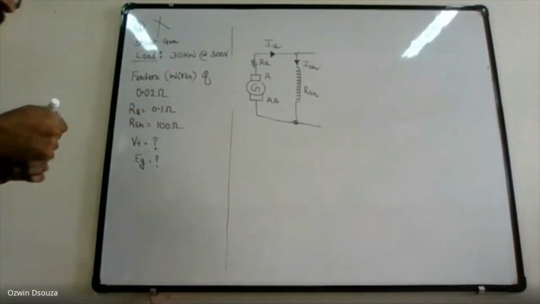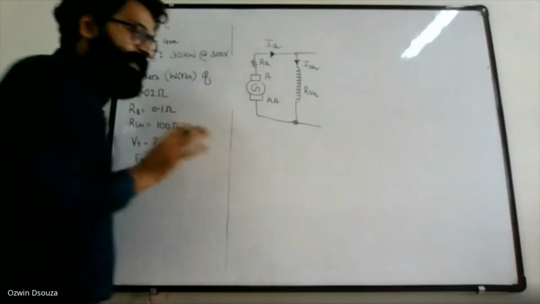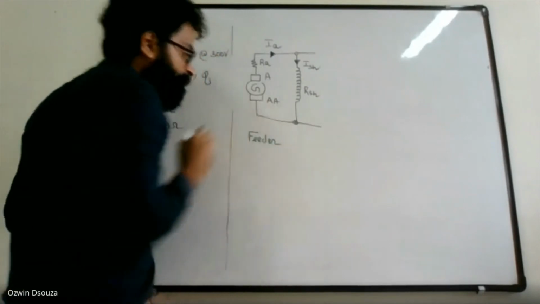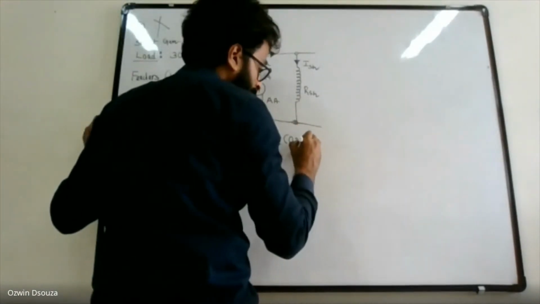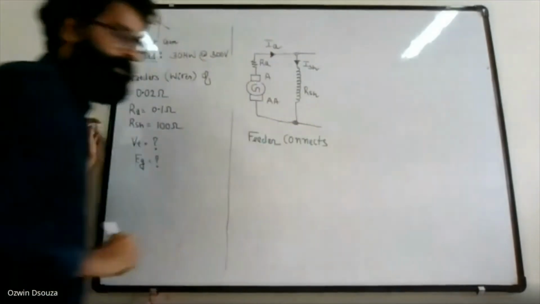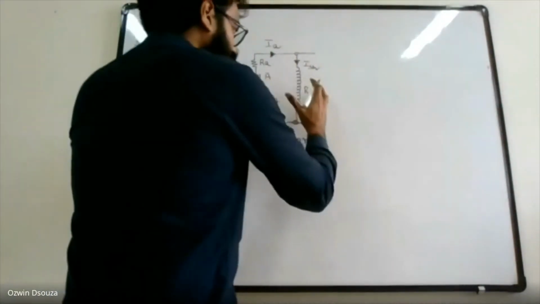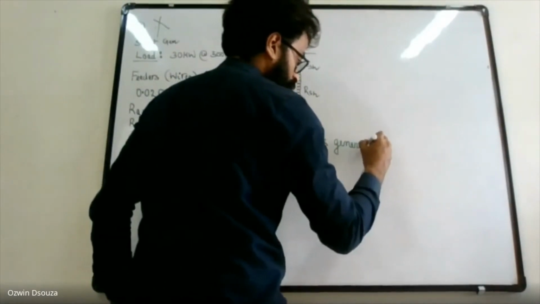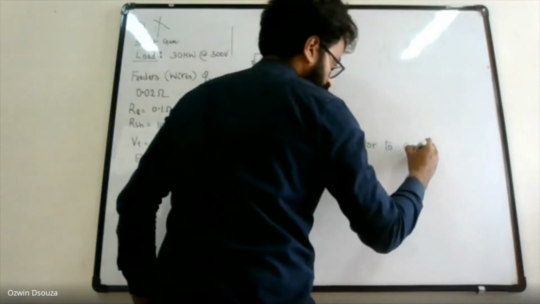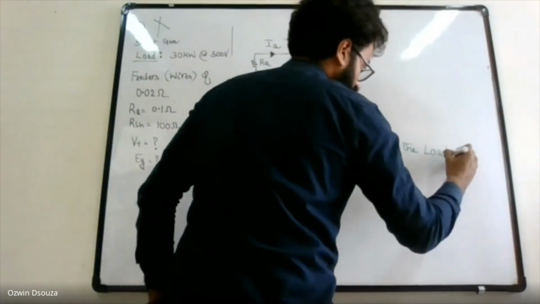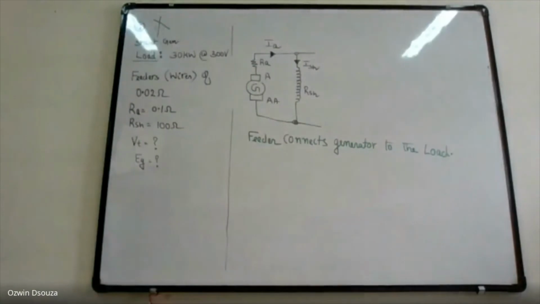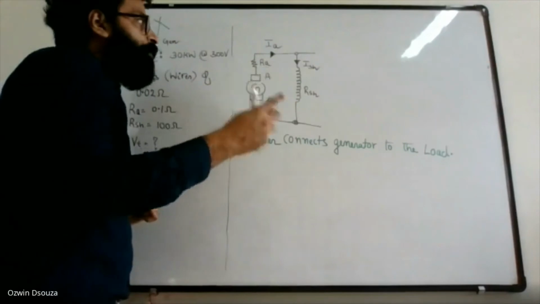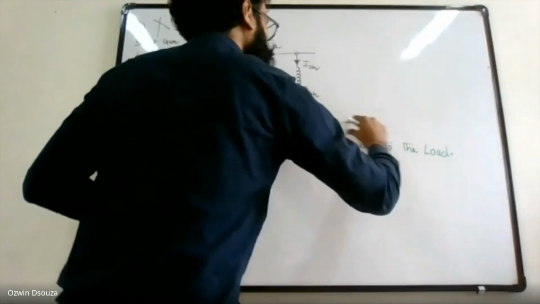So let me first write what we mean by feeder. Feeder is nothing but a copper wire which connects the generator to the load. As you can clearly observe, we need two wires, one for positive polarity and one for negative polarity.